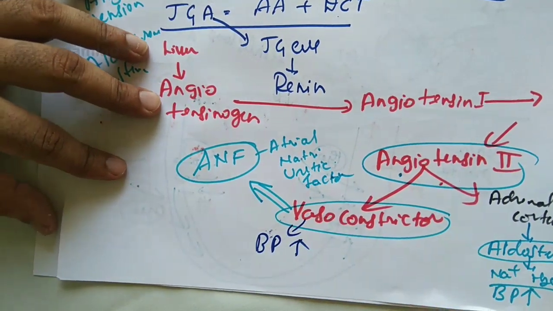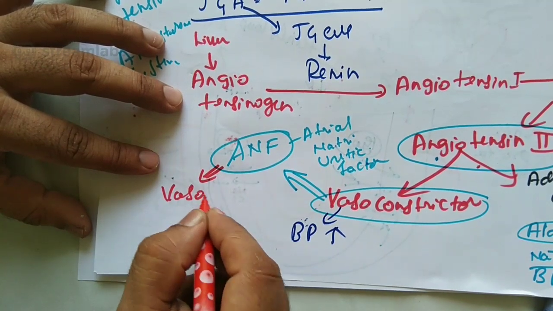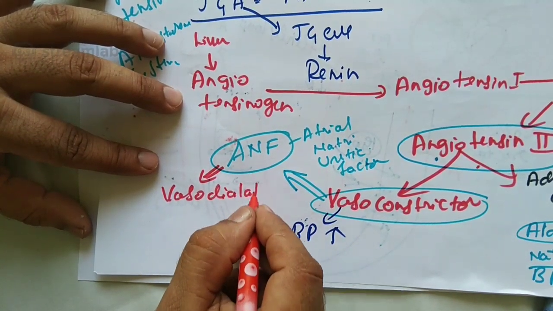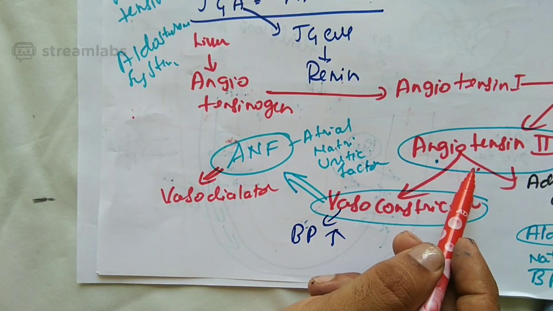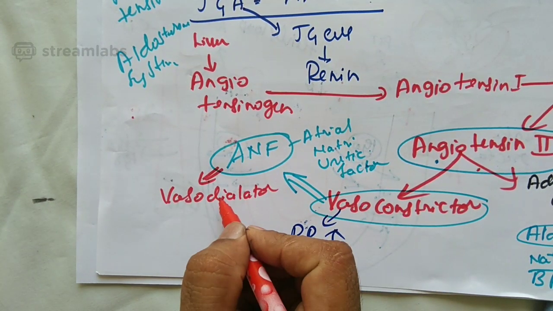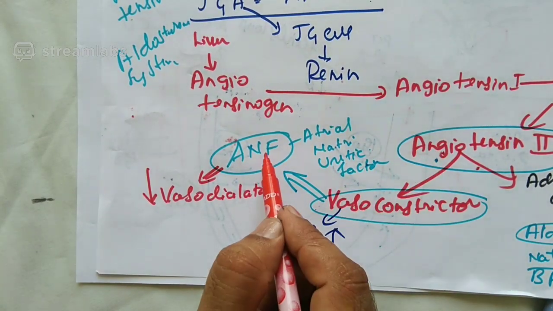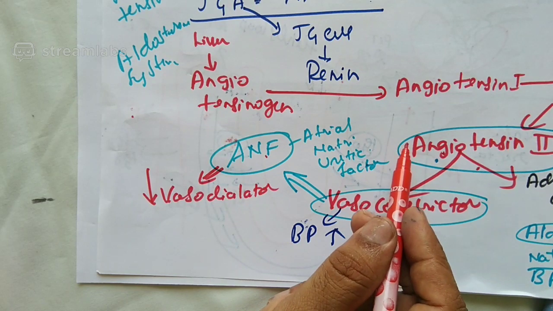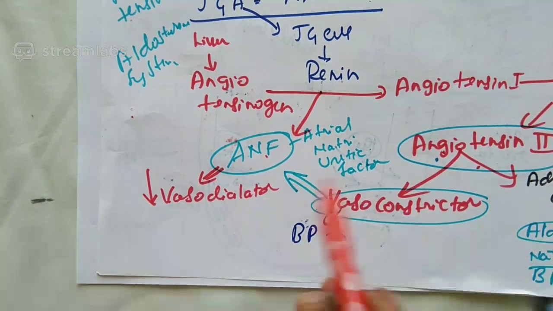ANF acts as what? Vasodilator. That means the renin-angiotensin mechanism will increase the BP and ANF will decrease the BP. That means angiotensin and ANF are antagonistic, or renin and ANF are also antagonistic. Hope the matter is clear.